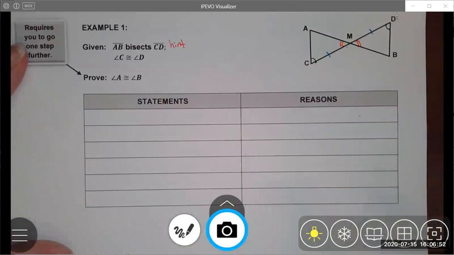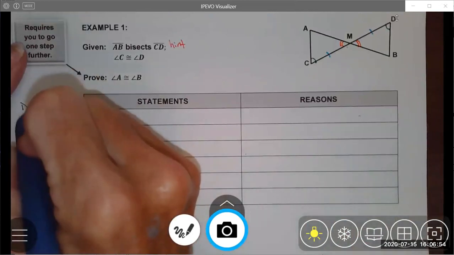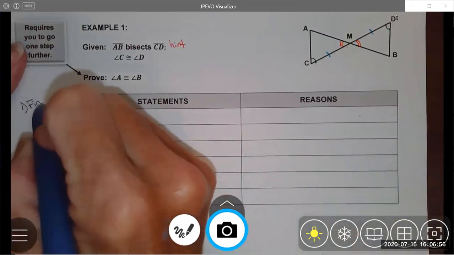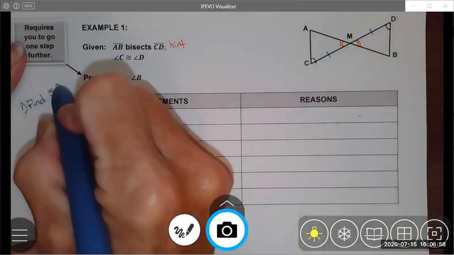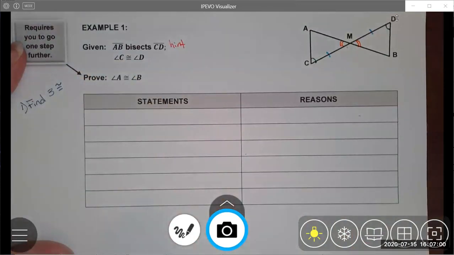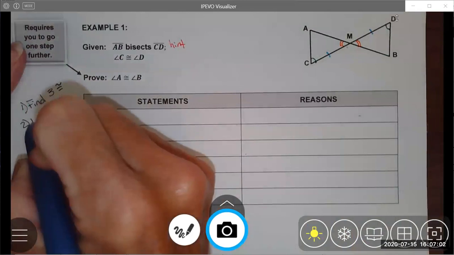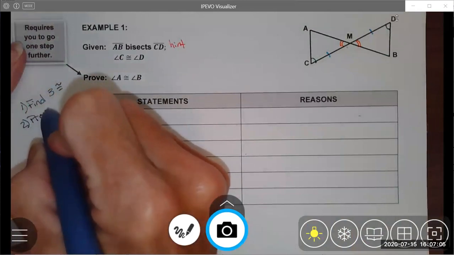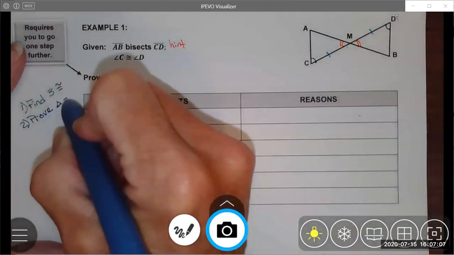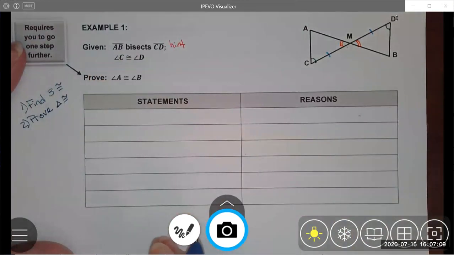So let's do what we always do. I'm going to mark my steps over here. First, I'm going to find my 3 congruencies. I need those so that I can, second, prove that my triangles are congruent. You like my shorthand here.